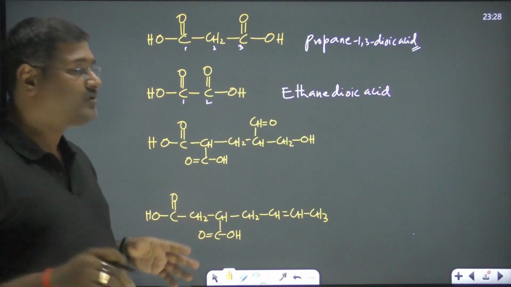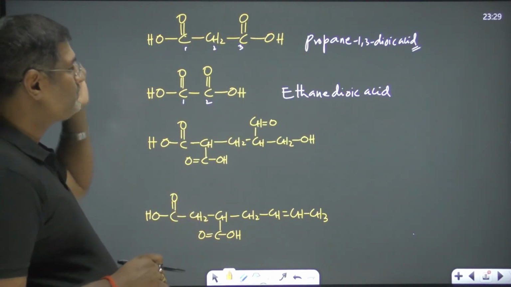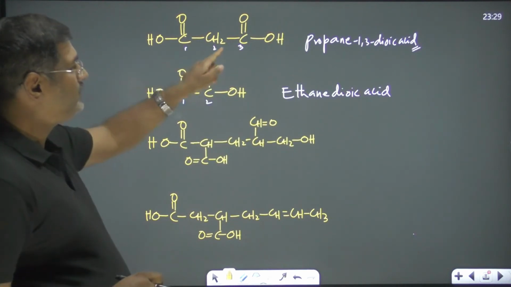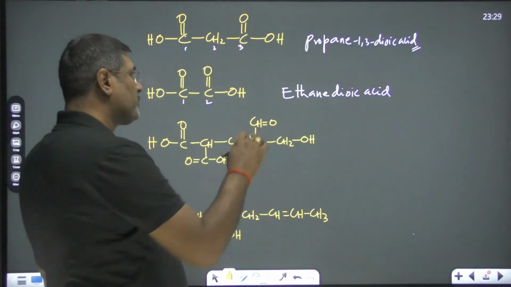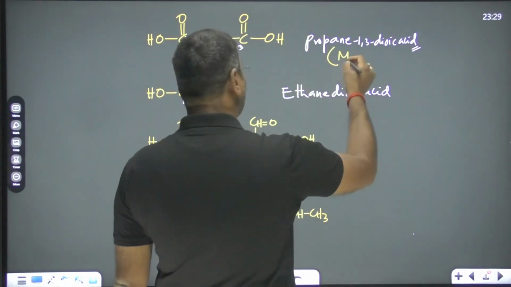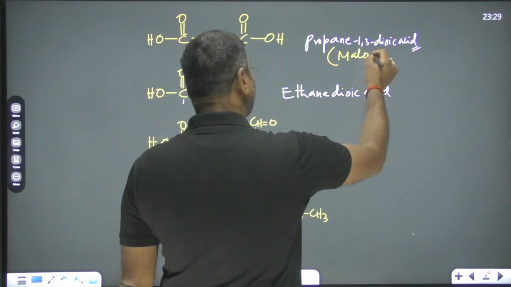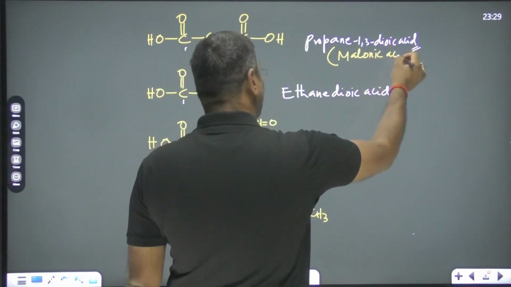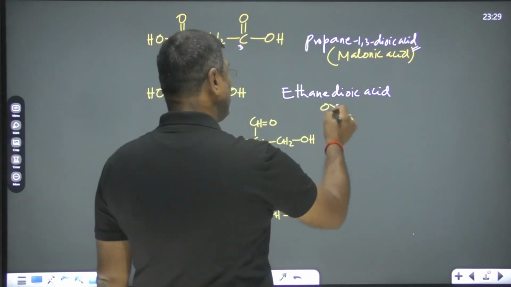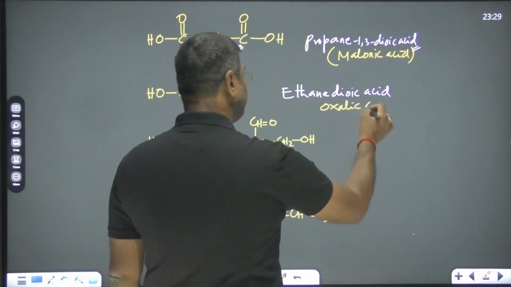They are the common name system. And so you see here, this propane 1,3 dioic acid is called malonic acid. Malonic acid. This is the common name. You should know. This one is oxalic acid.